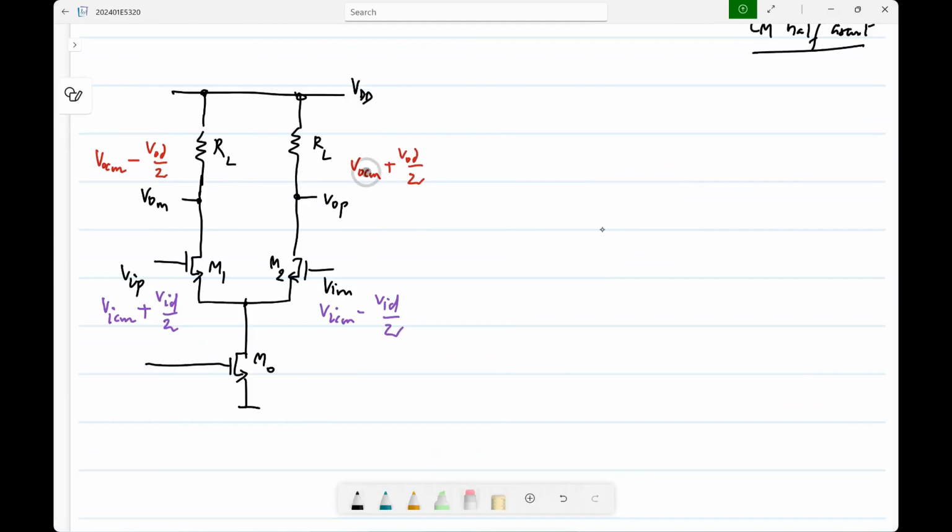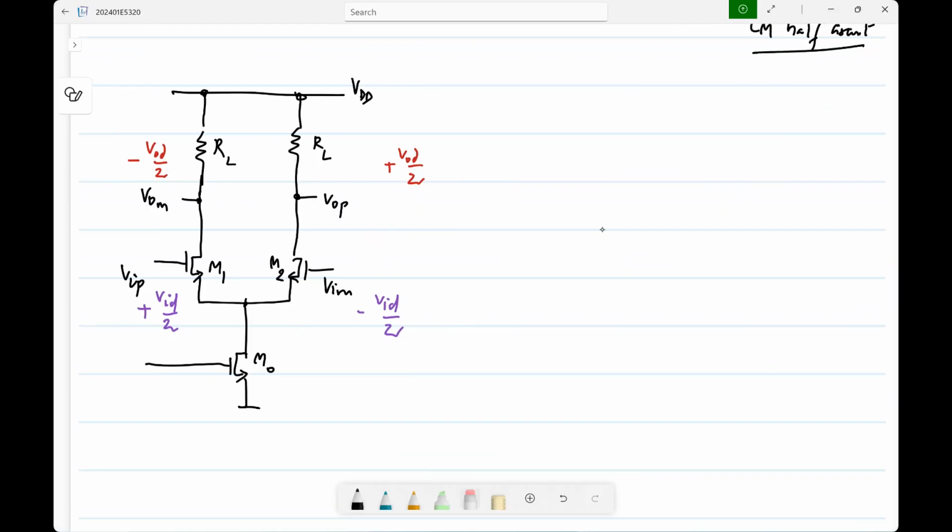Now, the differential half circuit, on the other hand, in case of differential, we assume that we have only the differential excitation, and this of course is valid only for the small signal incremental case, because the half circuit will be first of all evaluated at the operating point, and it uses linearity to say that the nodes along the center line will have 0 voltage. Okay.